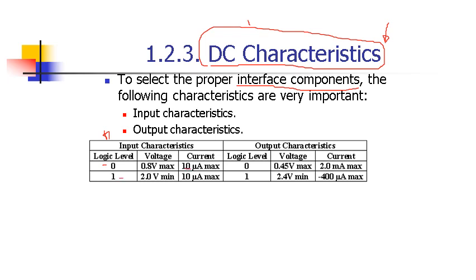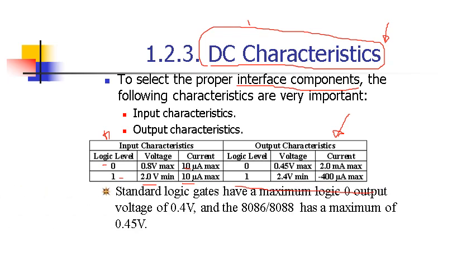For the 1, the minimum voltage that can be sensed is 2 volt, which draws 10 microampere. And here are the levels for the 0 and 1 when the microprocessor outputs the bits or the signal.